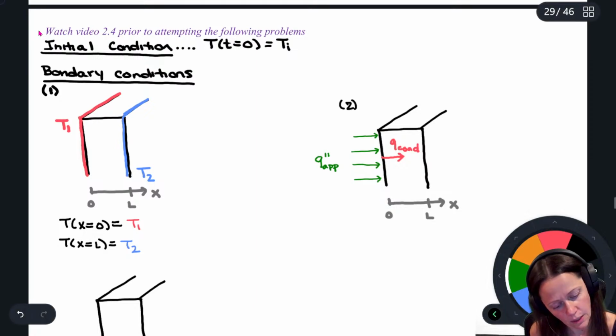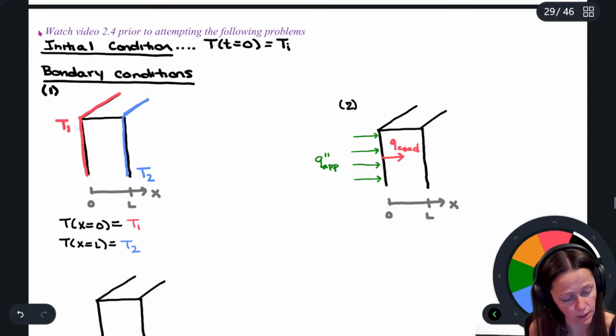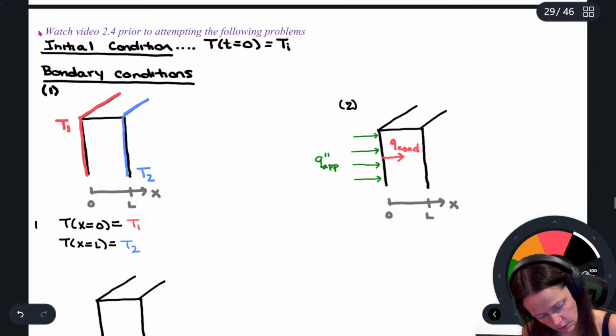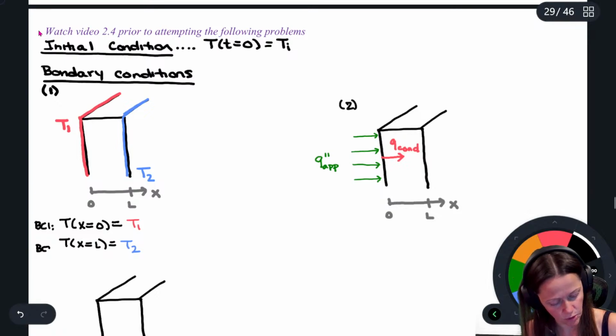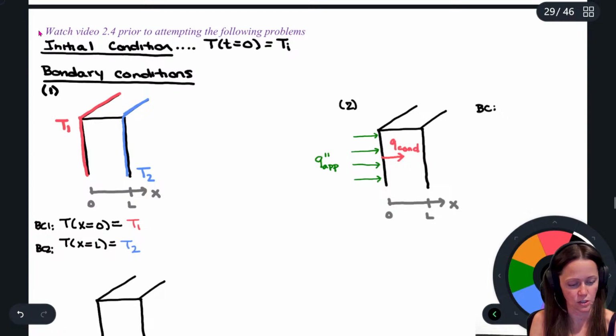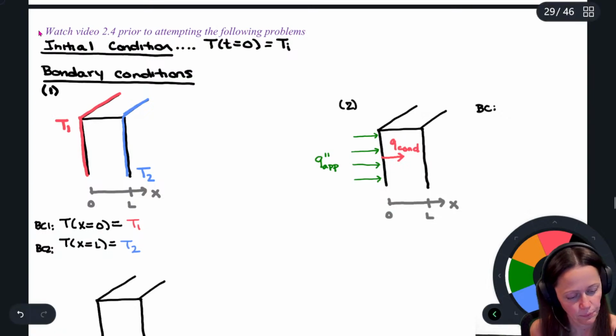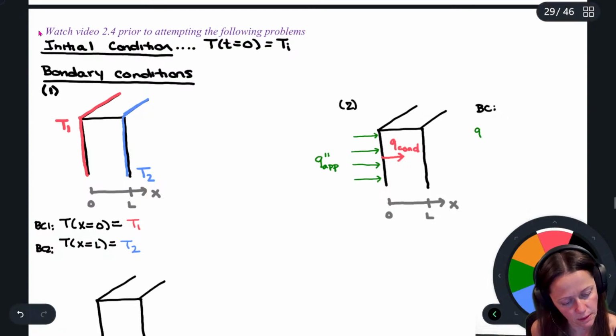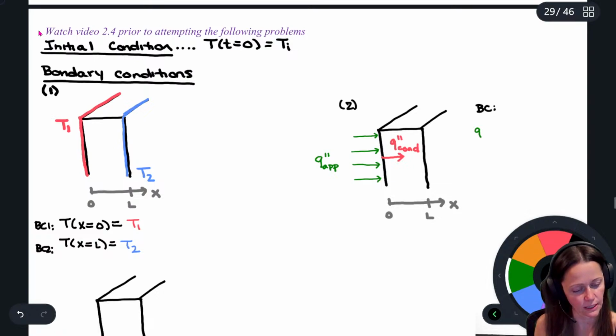And so, here's boundary condition 1. There was a boundary condition 2. Here I'm just specifying a boundary condition on one side. So let's put a couple of little hash marks right there to indicate that it's a flux.